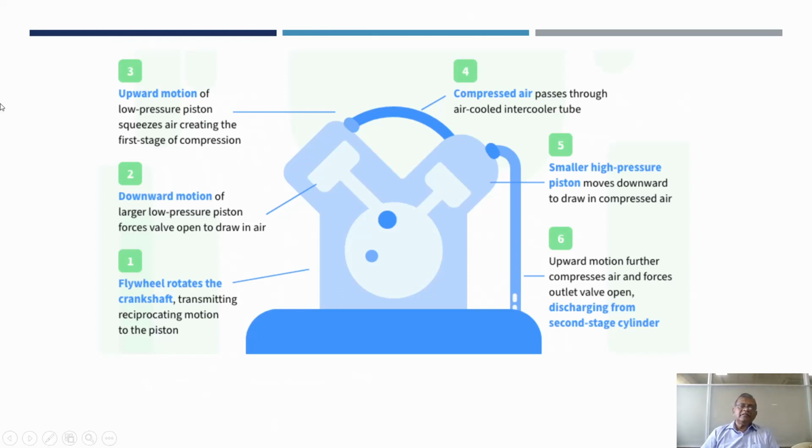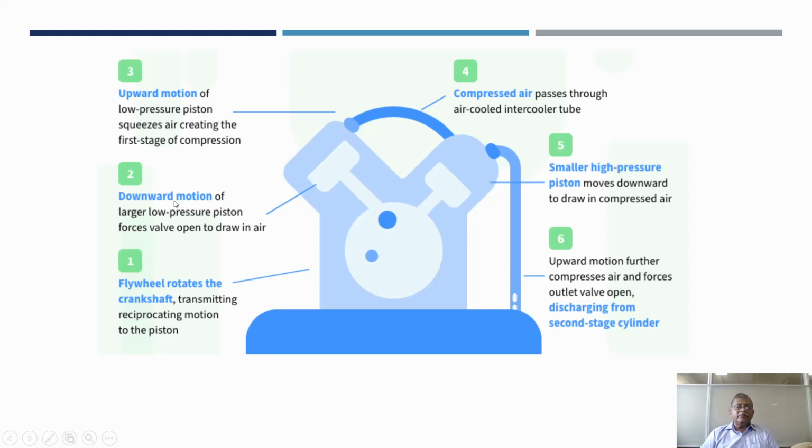Here you can see this typical two-stage compressor. Here the flywheel rotates the crankshaft, transmitting reciprocating motion to the piston. Here the crankshaft gives drive, which helps to get the reciprocating motion.